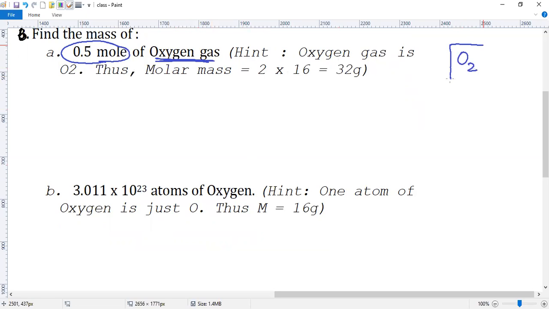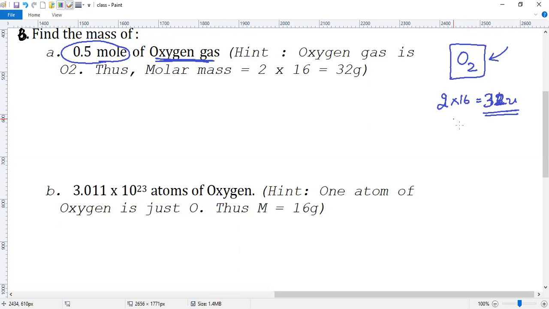In gaseous state, oxygen exists as an O2 molecule only. So they are discussing 0.5 mole of O2. One oxygen atom is 16 u. But here there are two oxygen atoms. So it is 2 into 16, which is 32 u, the atomic mass unit of one molecule of oxygen.